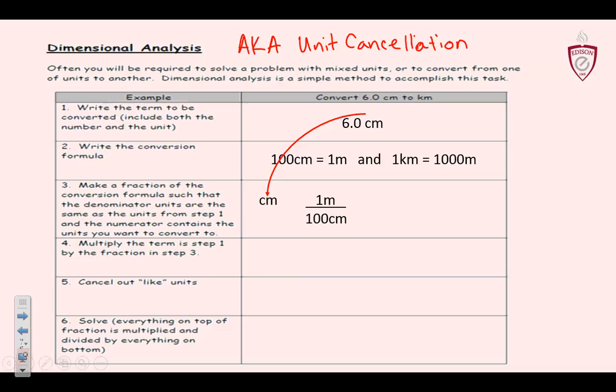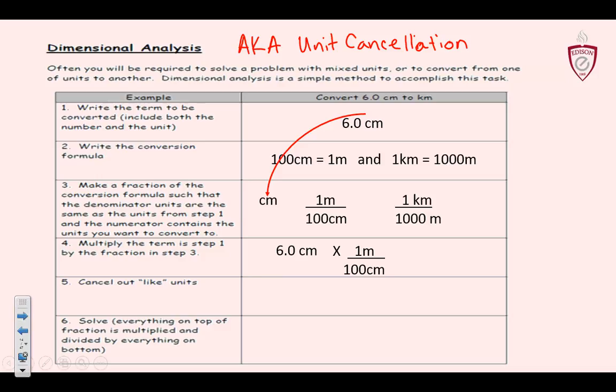And that's still true. It's an equality statement. Now, I'm going to take the next factor because I need to go from meters to kilometers, 1,000 meters in a kilometer. And I have to flip that factor too because I need meters to be in my denominator.